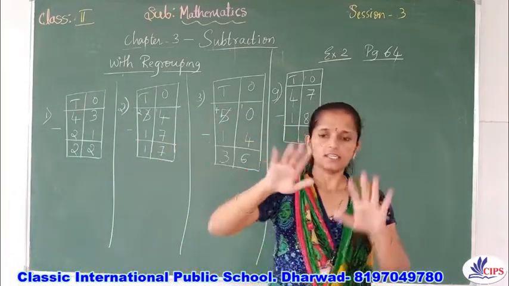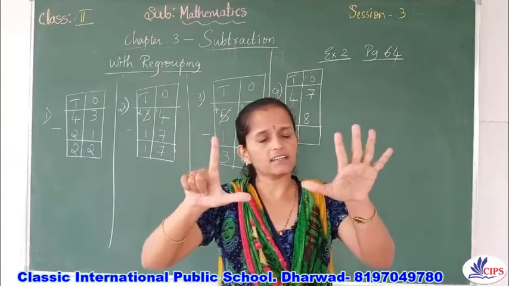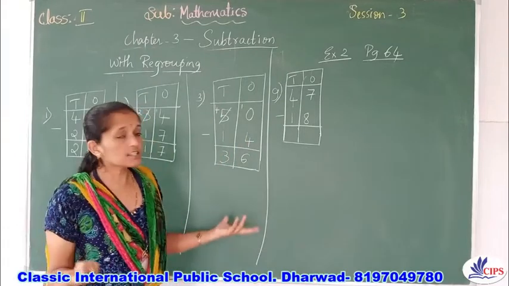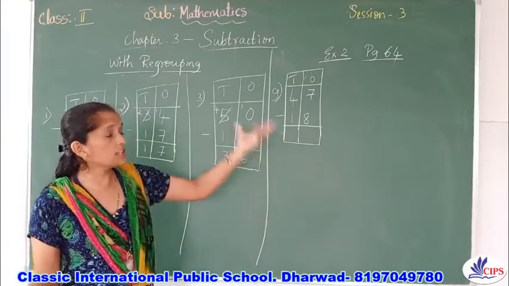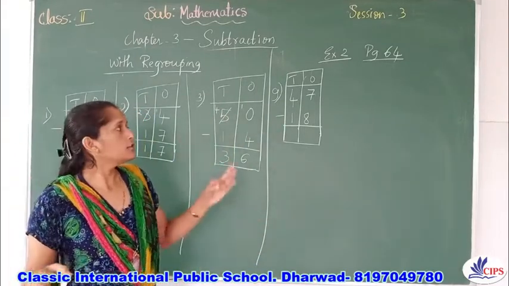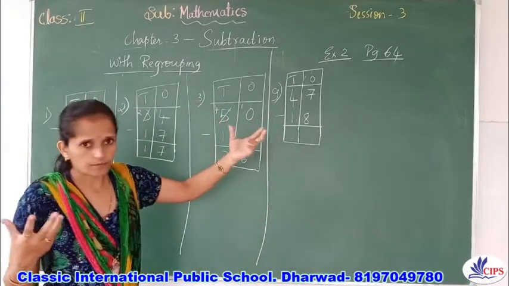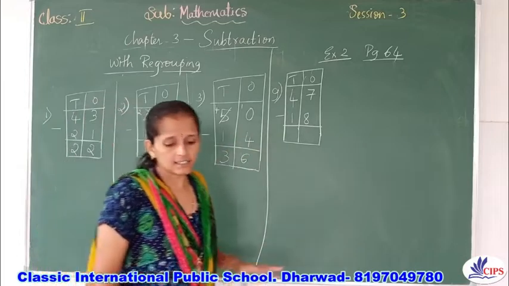We'll see. 7 minus 8, there are only 7 fingers. How to do minus 8? See, when this is not possible, that time you need to borrow from the tens place.